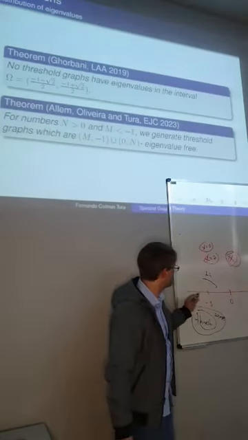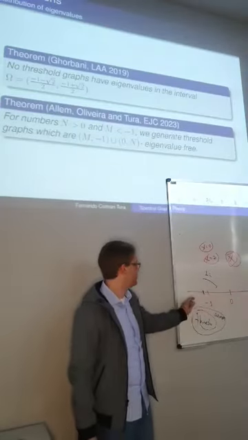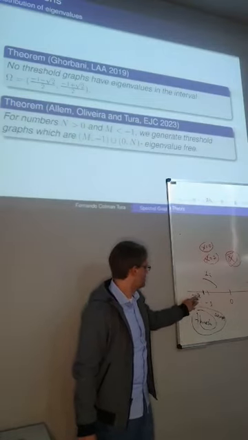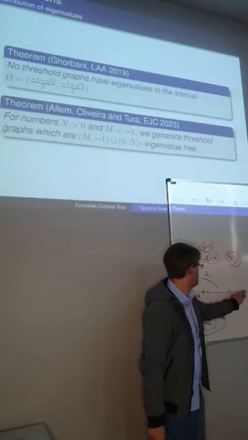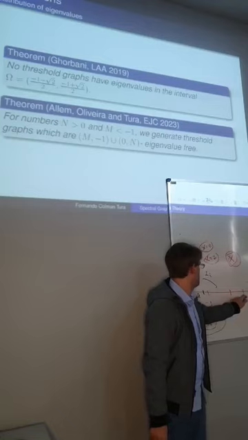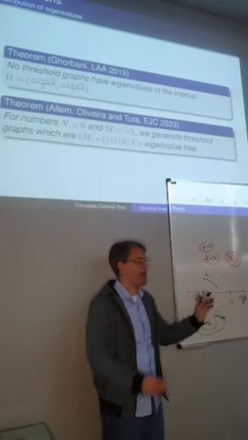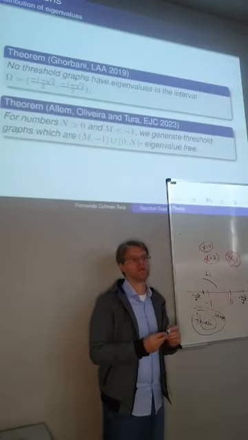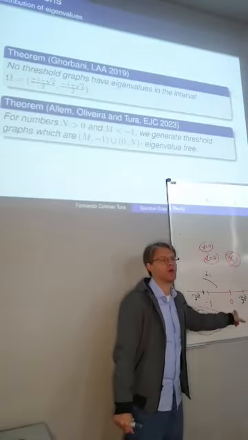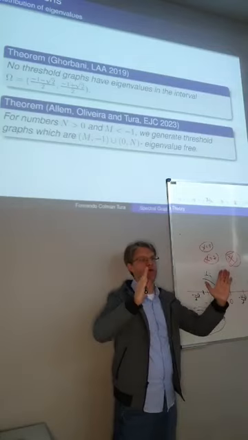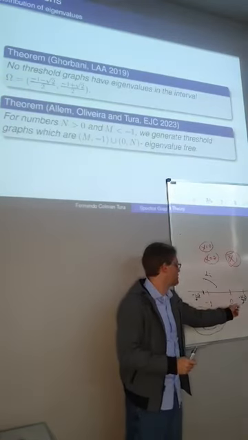In other words, Gurbani extended the result. We proved it only in the interval -1 and 0, where Gurbani extended the result to an interval that contains -1 and 0. That's very interesting.